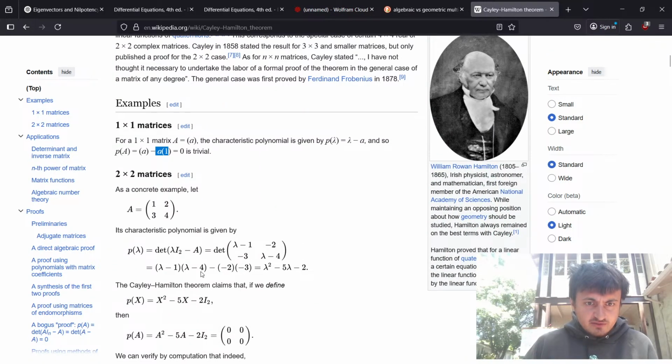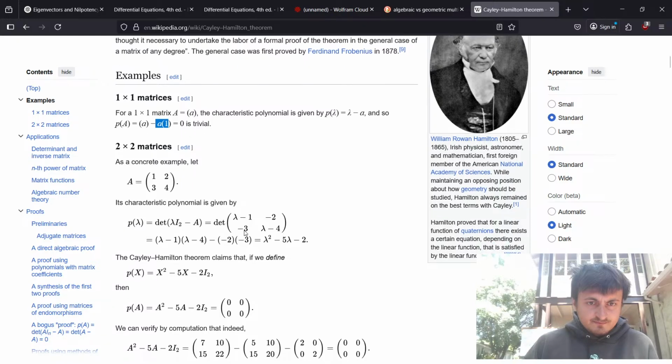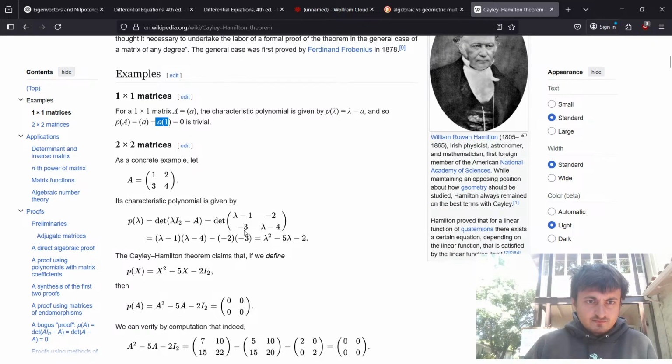All right, so here we go. So this is lambda squared minus, so this is our normal characteristic polynomial, except I want to quickly do 1, 2, 3, 4.